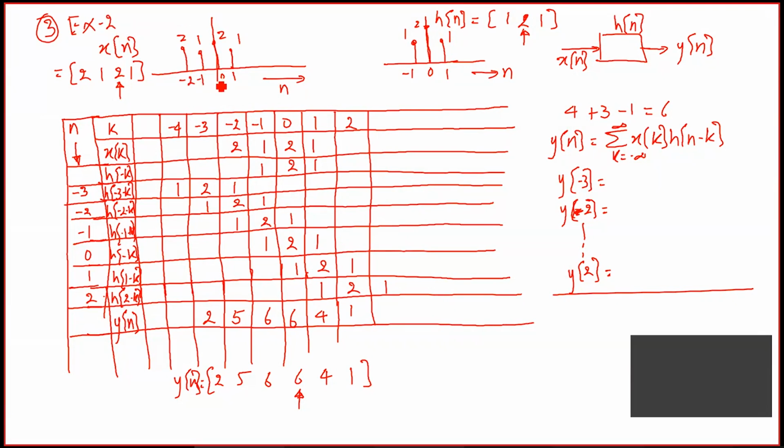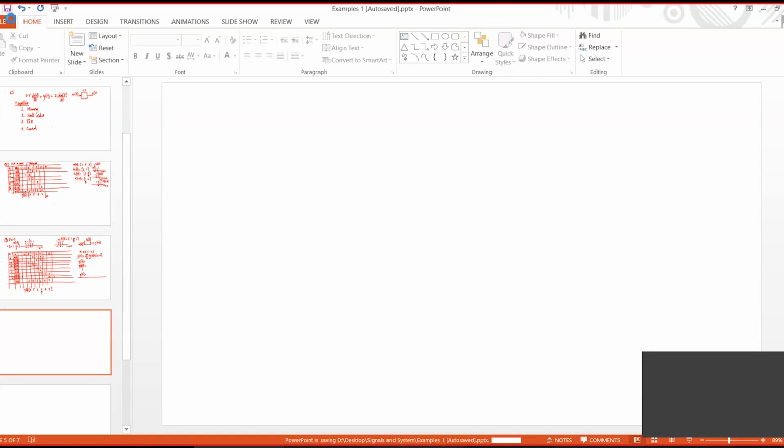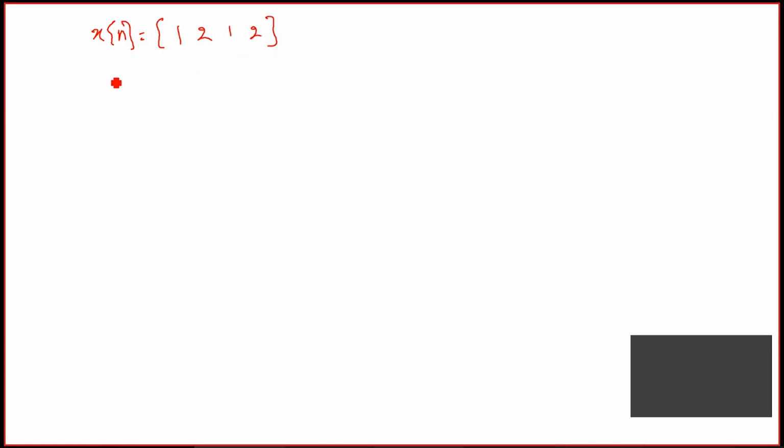Example 2. Let's do the same question with another method, where we are given x of n, which was 2, 1, 2, 1, and we had been given h of n, which was basically 1, 2, 1, with an arrowhead right here and an arrowhead right there.